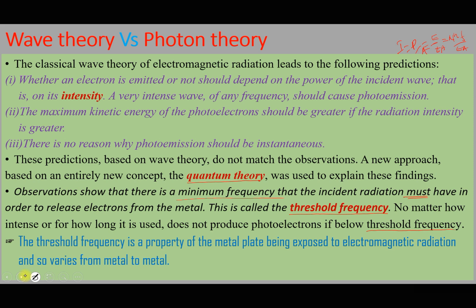In other words, whether an electron is emitted or not should depend on the power of the incident wave, because power is energy over time, and energy of a photon is hf, telling us that a very intense wave of any frequency should cause photoemission.